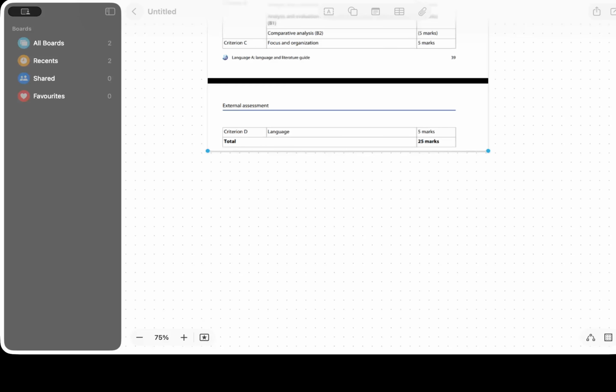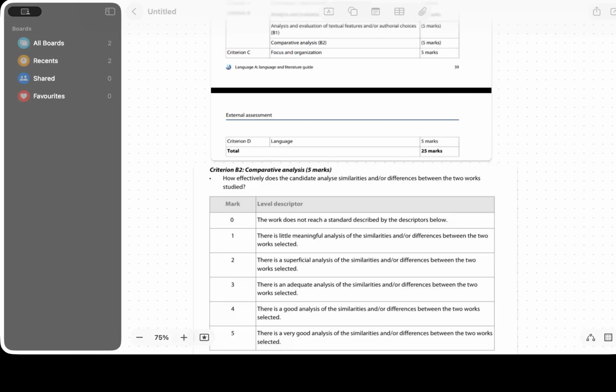All of this to say, this is the change. Before, criterion A used to be 10, criterion B used to be 10 as well. Now criterion A has been reduced to 5, and criterion B is now 5 and 5. Guys, you know what I'm trying to say.